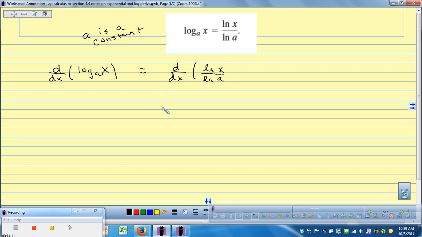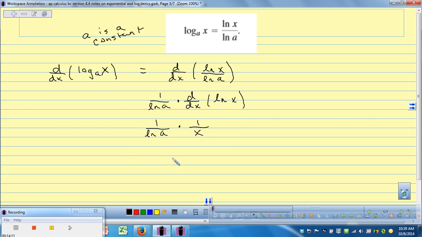We can pull the 1 over ln of a out in front, because a is a constant, so natural log of a is a constant, times the derivative of natural log of x. So we get 1 over the natural log of a times what? 1 over x.